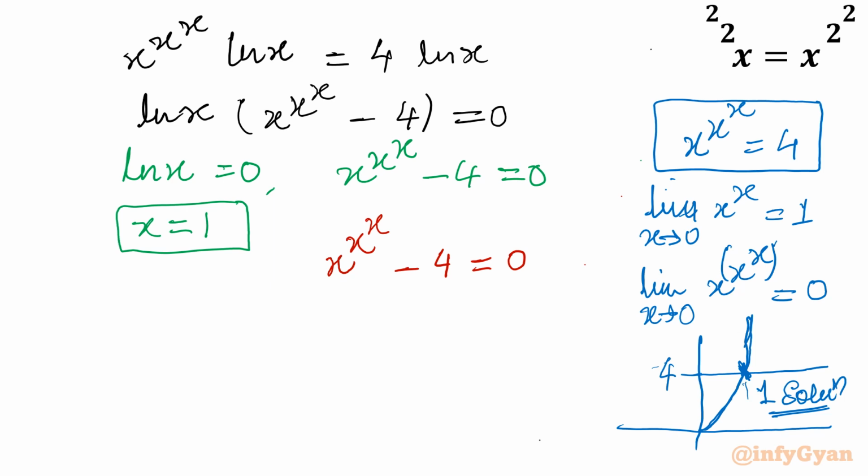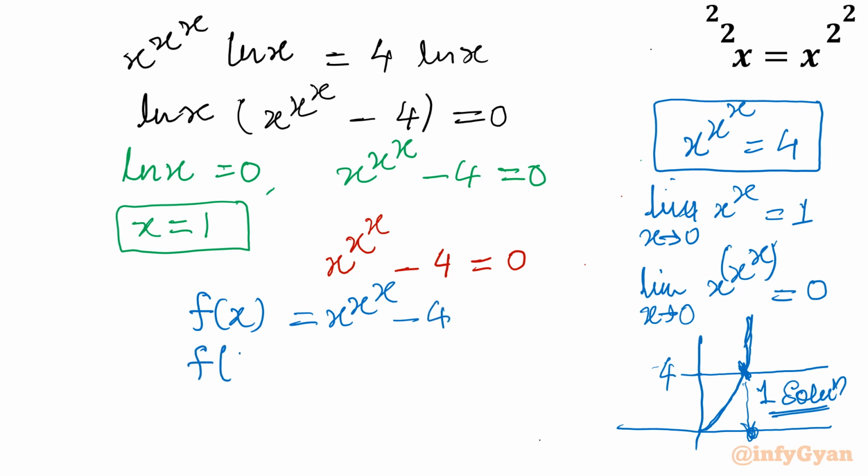So we are going to find out this value of x. Let's find out. I am going to use the Newton-Raphson method. I will consider f(x) equal to x power x minus 4. Let's find out a few values.